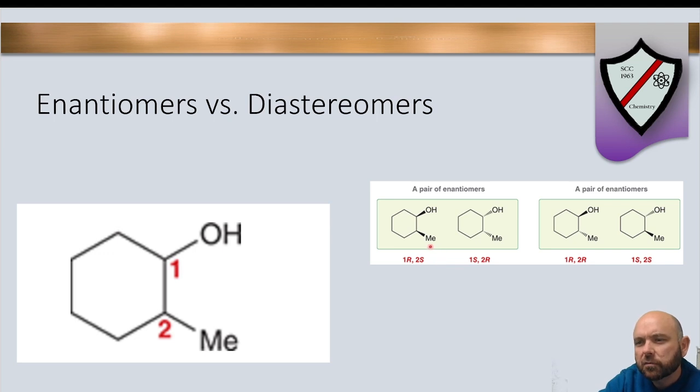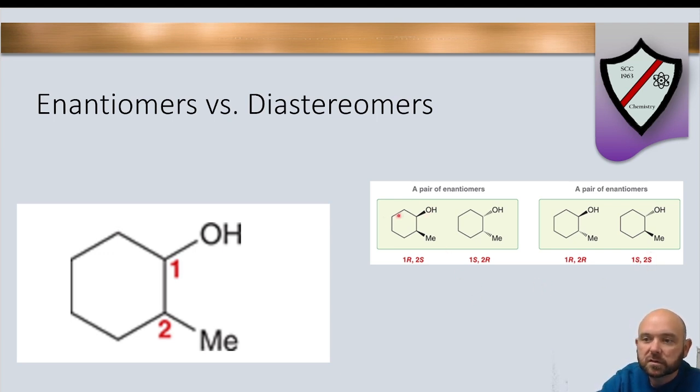So if carbon 1 was R and carbon 2 was S, then the enantiomer of that molecule would be the exact opposite, 1S, 2R. These 2 representations here would be enantiomers of each other because they also have 1R, 2R versus the complete opposite, 1S, 2S.